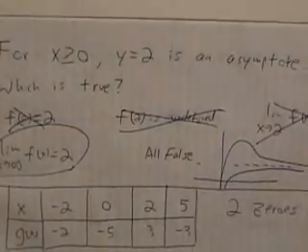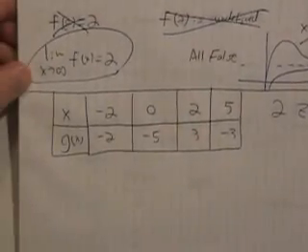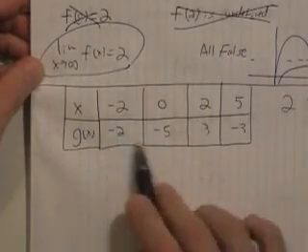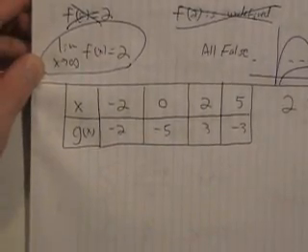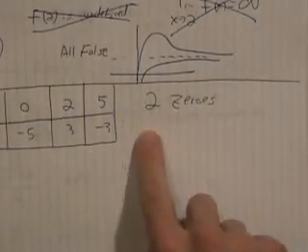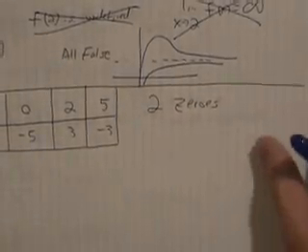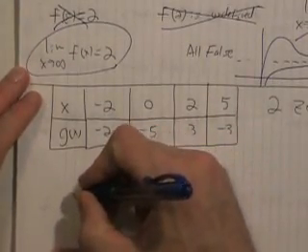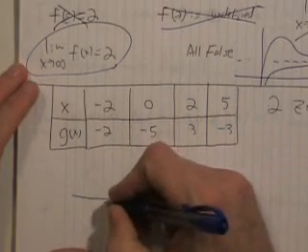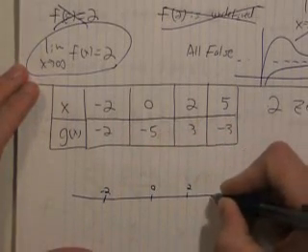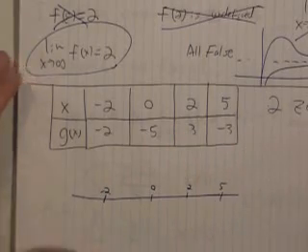Here was the intermediate value theorem problem. I gave you select values of x and g of x, and I said that g of x was continuous, and we wanted to find an interval such that g of x had to have 2 zeros in it. So what you do is you draw it out. Here's minus 2, 0, 2, and 5.